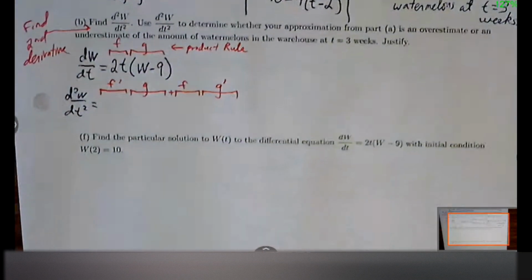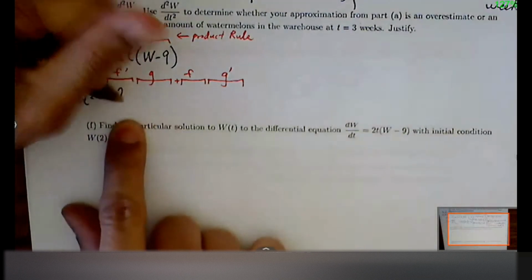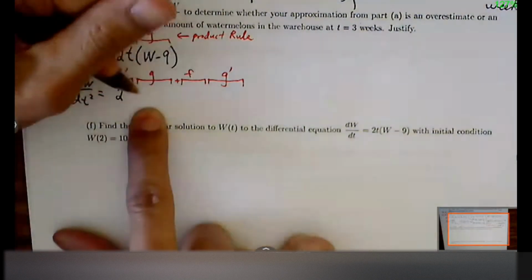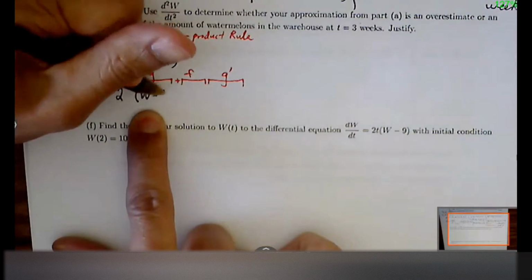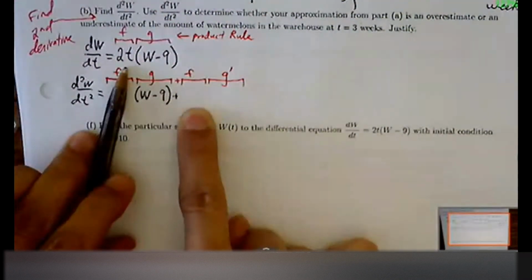F prime g plus f g prime. Two t becomes 2. G stays. Back to f.